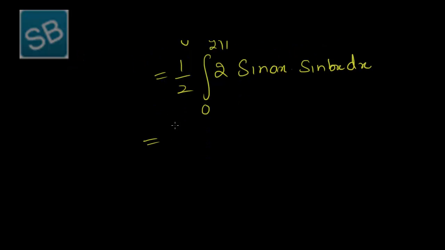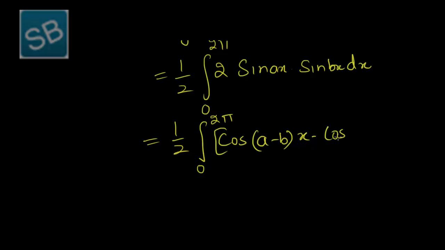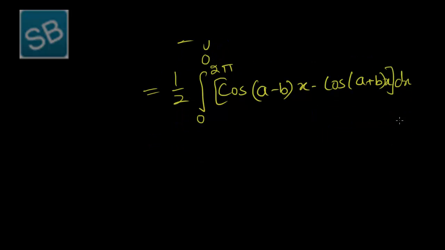So it becomes half of the integral from 0 to 2 pi of cos (a minus b)x minus cos (a plus b)x dx, that is 2 sin c sin d equals cos (c minus d) minus cos (c plus d).